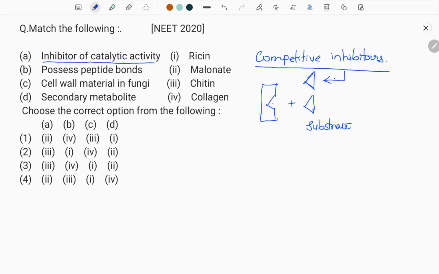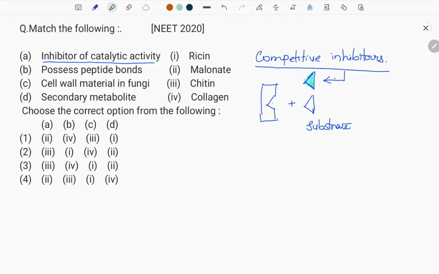So what this competitive inhibitor will do is, before binding of the substrate, it will bind with the enzyme.